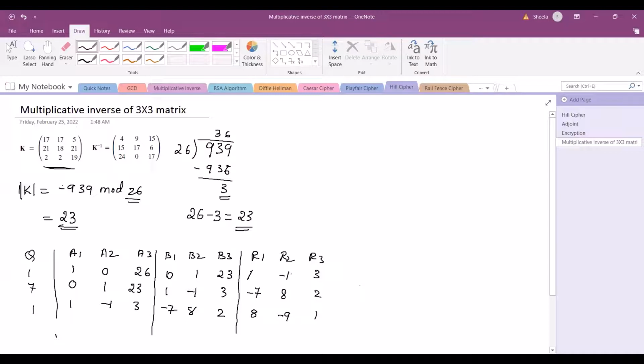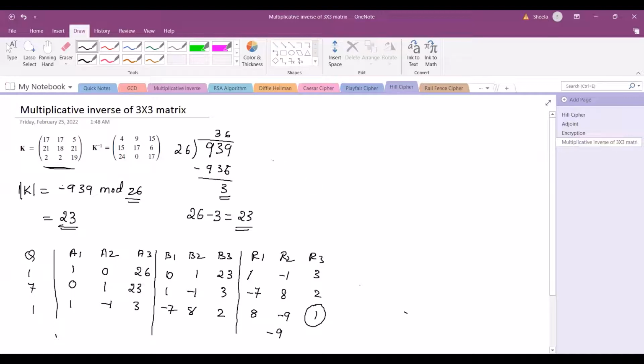Also, if R1 is negative, R2 will be positive, and if R2 is negative, R1 will be positive. We have to remember this. If we get both as negative, we are making a mistake. Since the remainder we have obtained is 1, the corresponding inverse is minus 9.